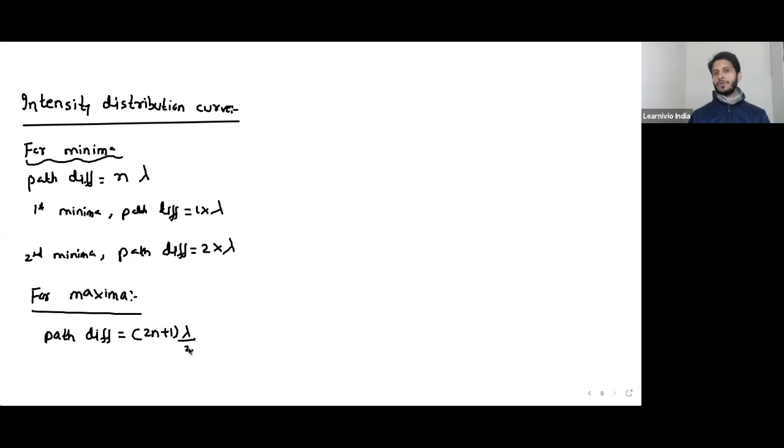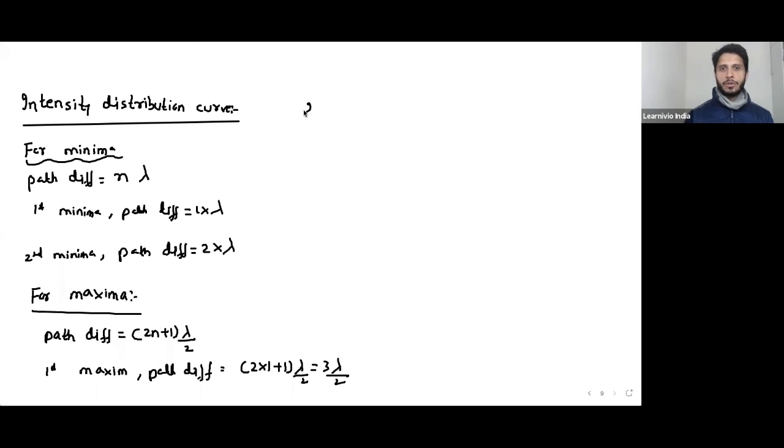For the first maxima, put n equal to 1 here. That's (2 into 1 plus 1) into lambda by 2, which is 3 lambda by 2. Similarly, you can do it for the second maxima.